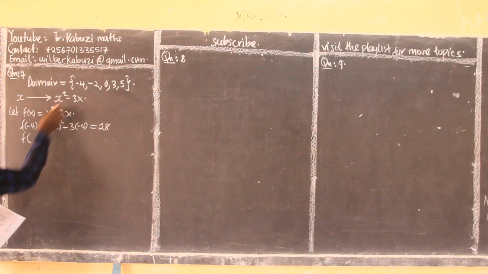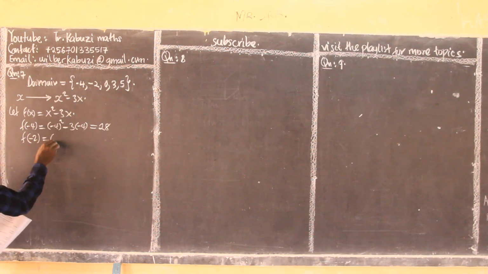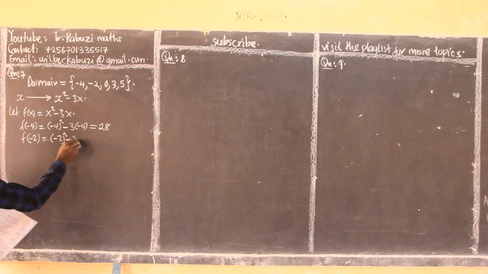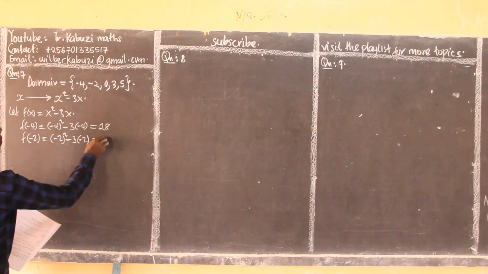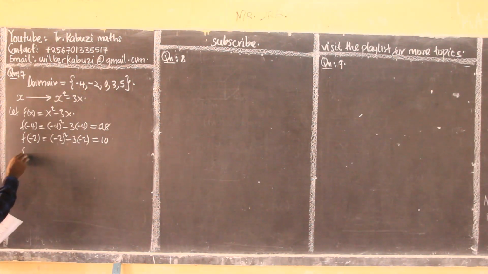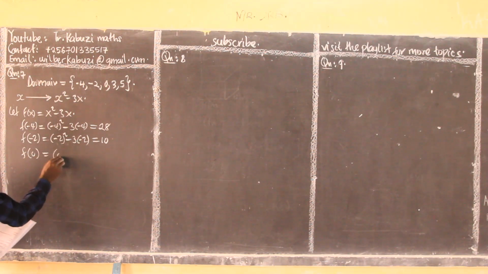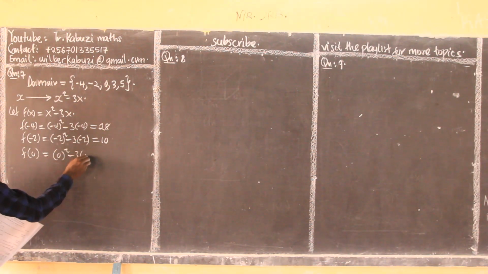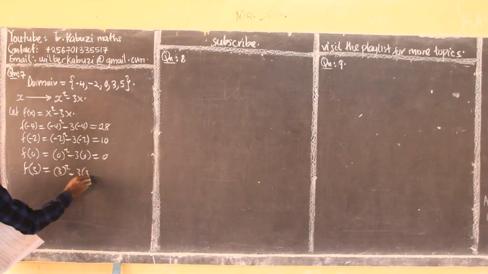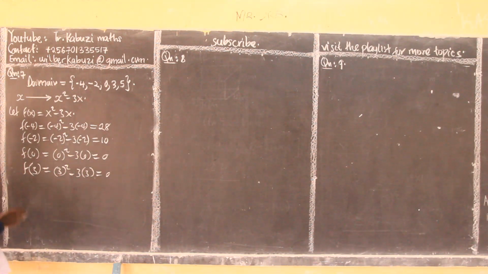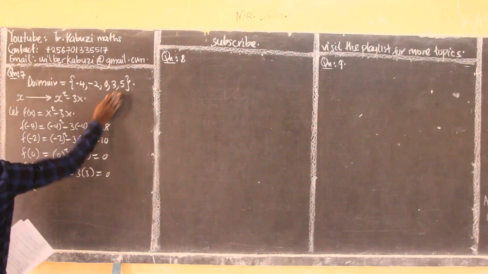The next is, this will be 4 plus 6, which will be 10. The next is 0, which is a clear 0. Then have 3, which is also 0. Then we have a 5.